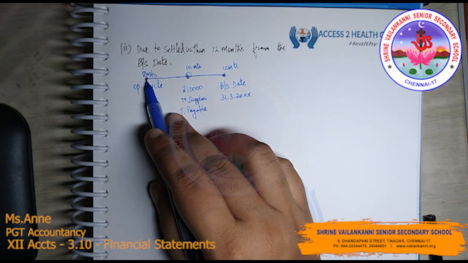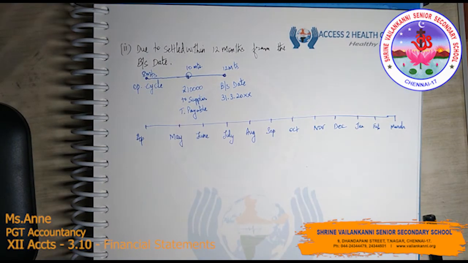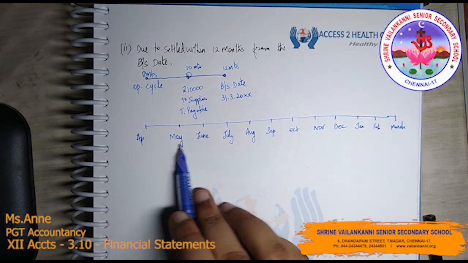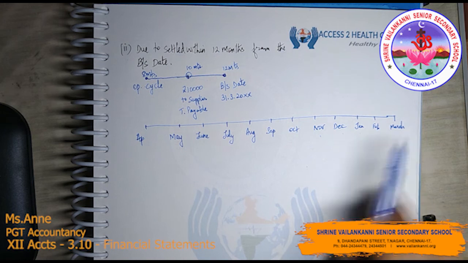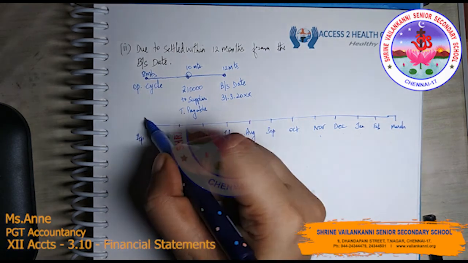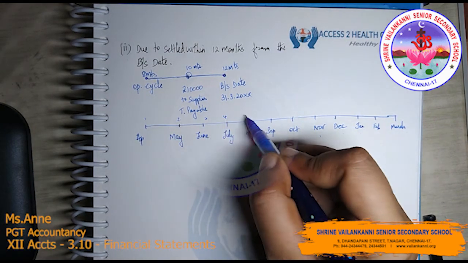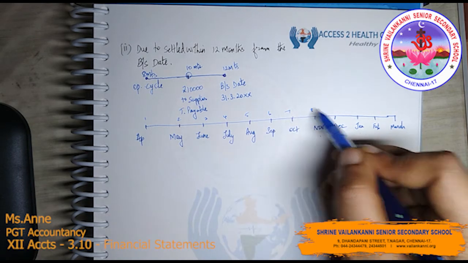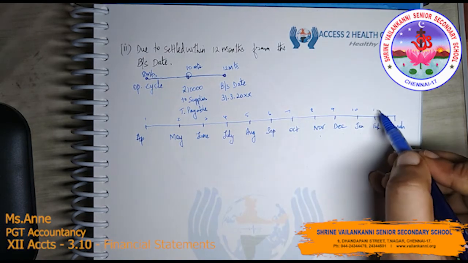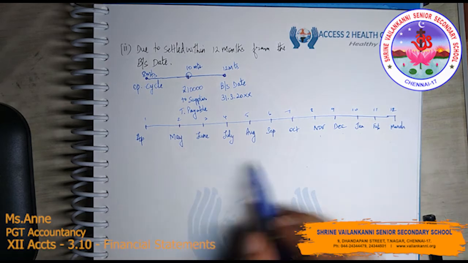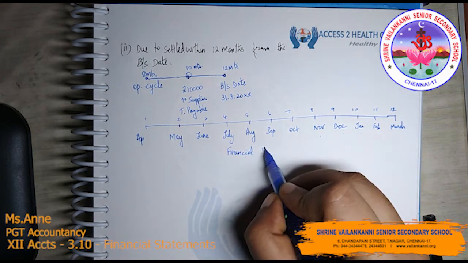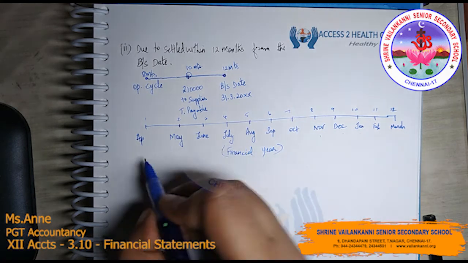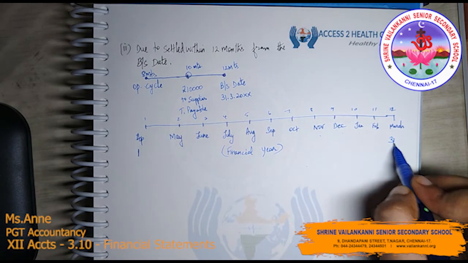Okay, you just have to take it this way. We are having April, May, June, July, August, September, October, November, December, January, February, March. So 1, 2, 3, 4, 5, 6, 7, 8, 9, 10, 11, 12. This is the financial year, from 1st April to 31st March.